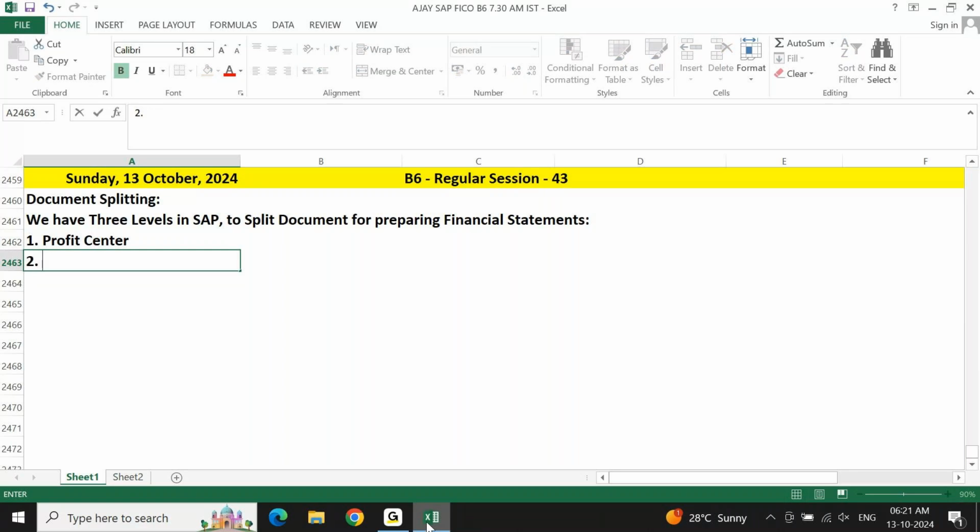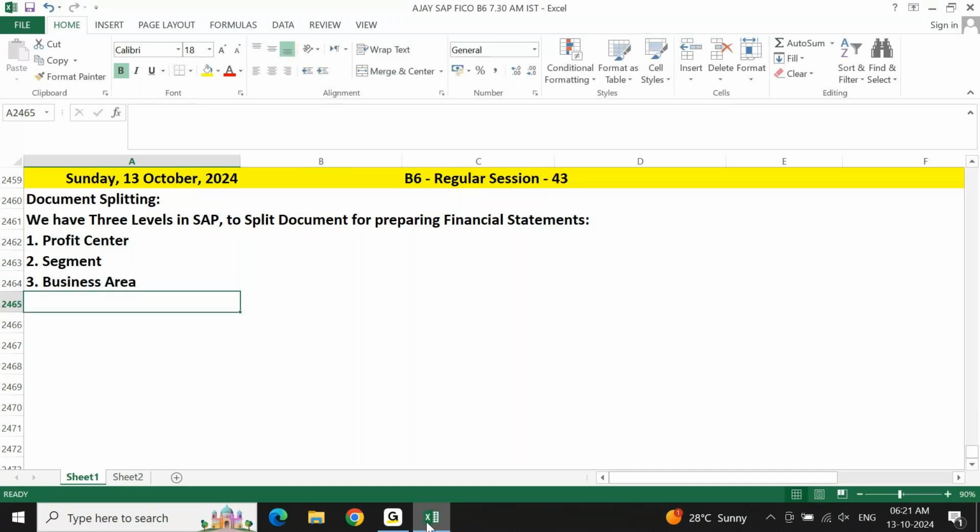The second one is segment. The third one is your business area. You can split a document at profit center level. You can split a document at segment level. We can also split a document at business area level. These are the three levels at which a document can be split for the purpose of preparing financial statements.